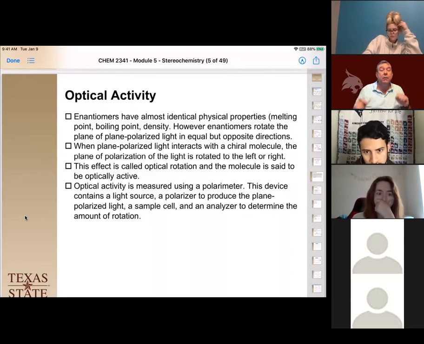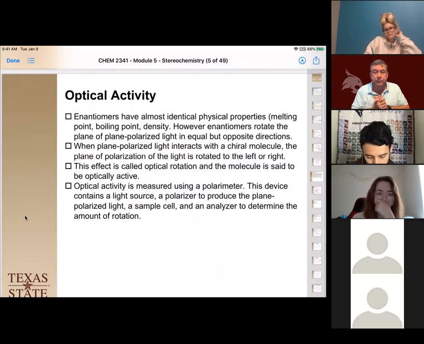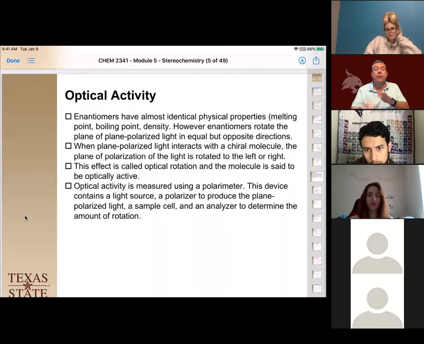And typically only chiral molecules are optically active, okay? Now, this is a very interesting thing because this is the only way to tell them apart, okay? We can draw them as R and S. We can take their melting points, they'd be exactly the same. The only way we can tell the difference is that one will rotate the light one way and one will rotate the light the equal and opposite direction, okay?